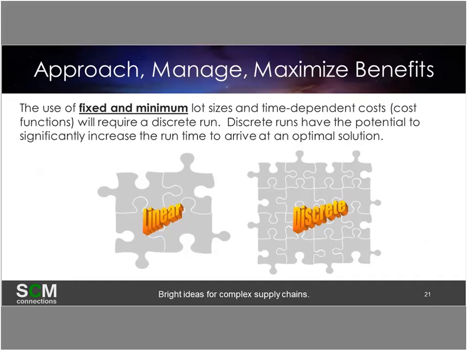The trick is that the moment you introduce discrete runs and lot sizes, the solver is going to take longer to get the optimum results, and you will be doing a lot of simulation to figure out what is an appropriate time frame to get a solution that is acceptable. It will take a lot of playing around to get that right, but that will come with experience as well as several simulations.